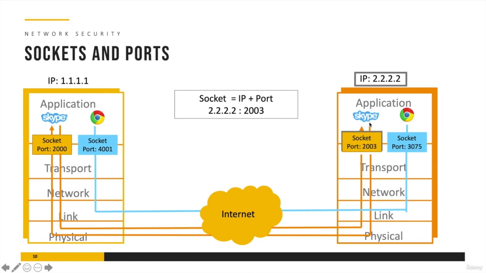When you combine the IP and the port, your application is addressable anywhere in the world. If you know the IP and the port, you can send your data to that destination application, be it anywhere in the world.